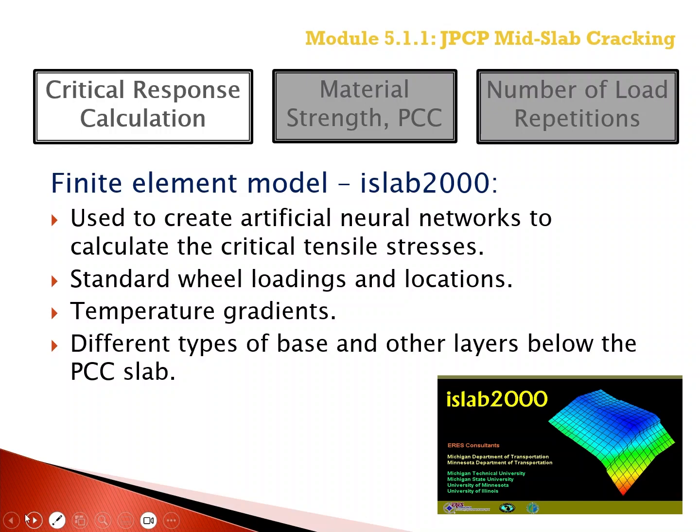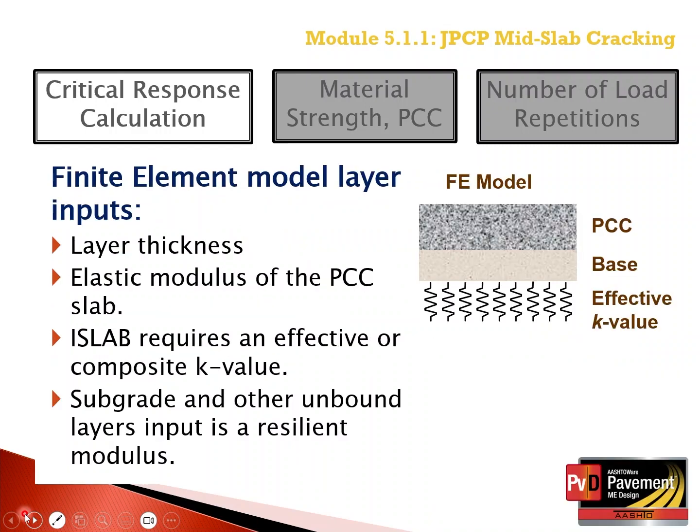The rigid pavement responses of distresses and slab deflections are dependent on the wheel loads and their locations, the temperature gradients through the PCC slab, and the properties of the pavement layers and subgrades supporting the PCC slab. However, if you remember from Module 4, the input to the rigid pavement design procedure is the resilient modulus of the underlying pavement layers.